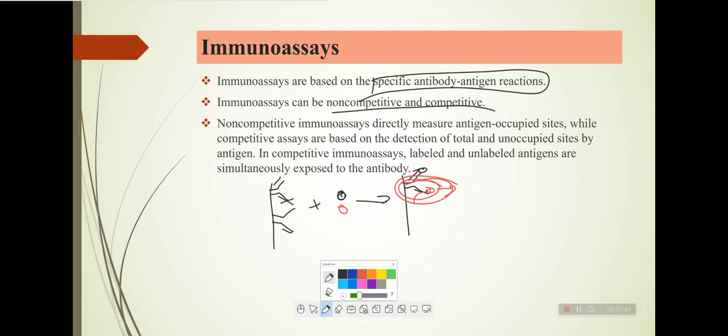In non-competitive immunoassay, see here, this is an antibody, and we add unlabeled antigen, and we add another antibody that has a label.